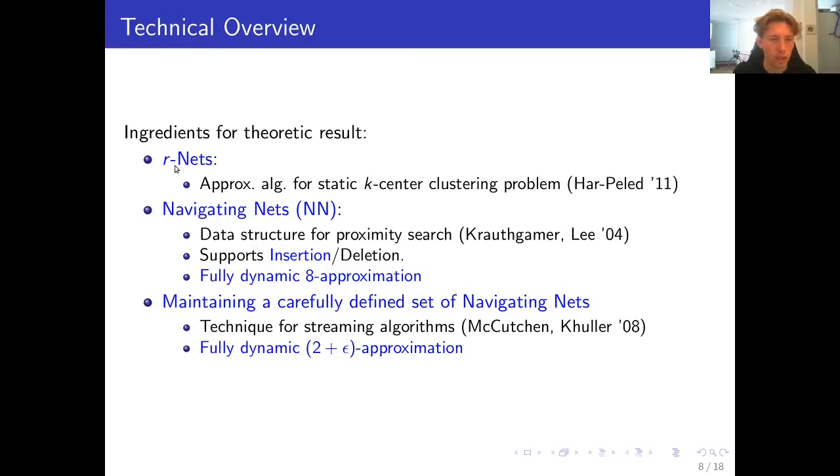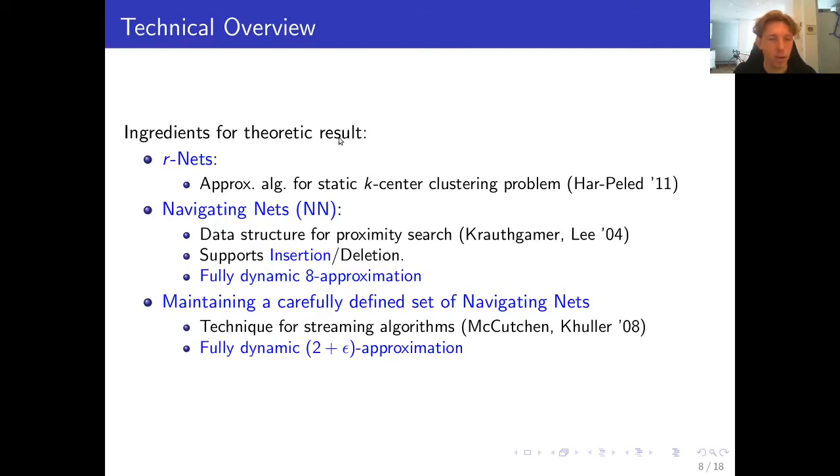So the first ingredient are r-nets. They were already used for approximation algorithms for the static k-center clustering problem by Har-Peled in 2011. It's a book. Navigating nets build on r-nets, and it's a data structure for proximity search. Krauthgamer and Lee, 2004, invented this data structure. And that's the nice thing, it supports insertions and deletions out of the box.